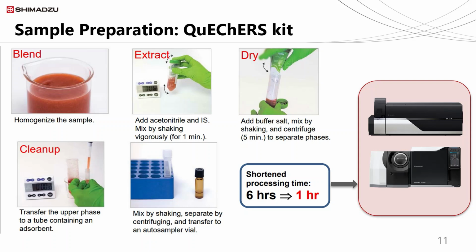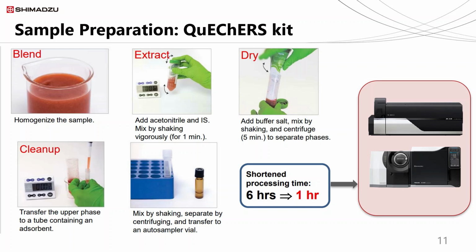QuEChERS sample preparation steps are very easy and simple. It also saves a lot of time. It gives cleaner sample for analysis by LCMS as well as by GCMS. First, sample needs to be homogenized by blending it, followed by a step of extraction. Extraction can be done by adding acetonitrile along with internal standard, then shaking vigorously for 1 minute.